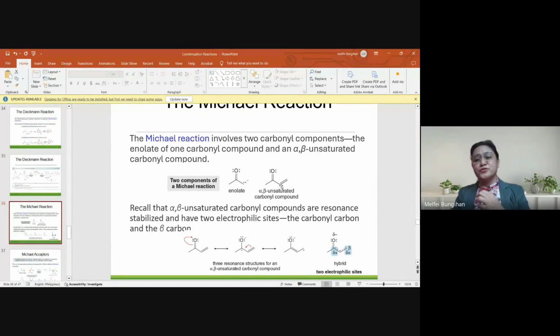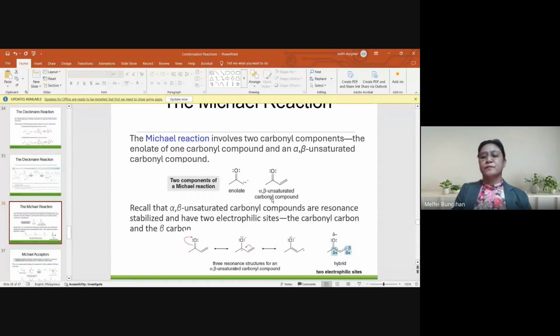There's additional conjugation here in Michael addition. So in this case, there will be choices of attack, right? Because of resonance that can happen in your alpha beta unsaturated carbonyl compound.